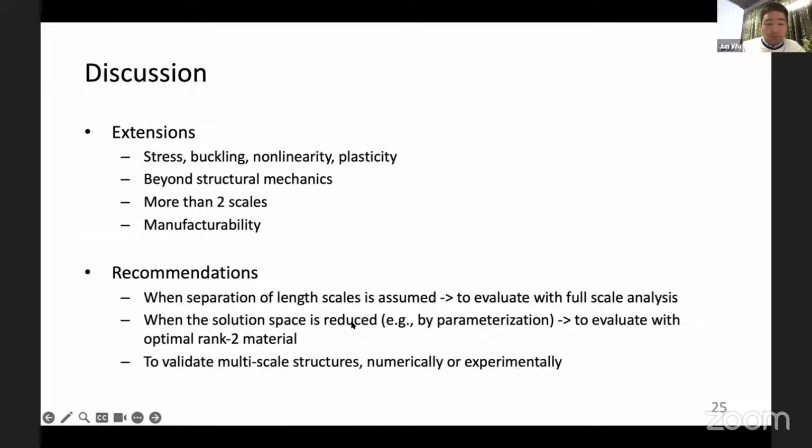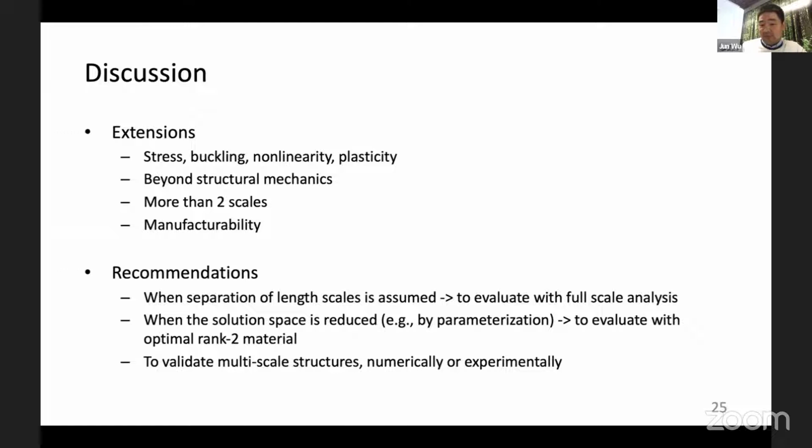At the end, we recommend thorough evaluation of new algorithms. For instance, separation of scales is assumed if you use numerical homogenization, but the results might not agree with full-scale analysis. For full-scale analysis, one can use the MATLAB code from Amir and Ole, Amir and Niels.